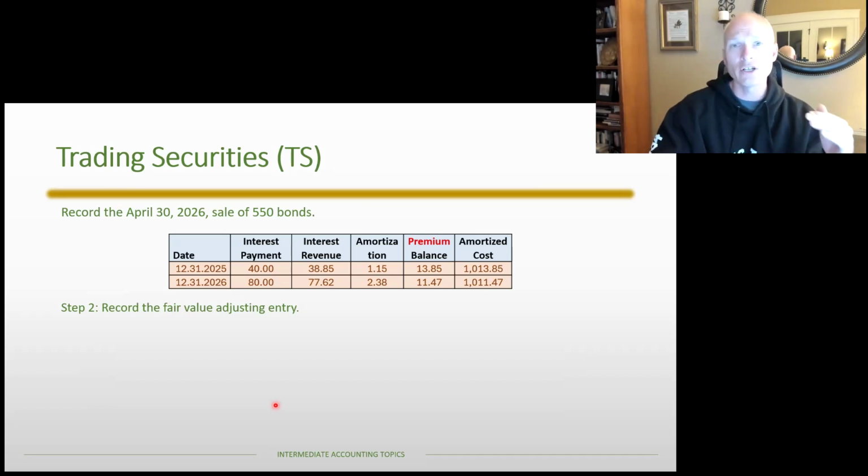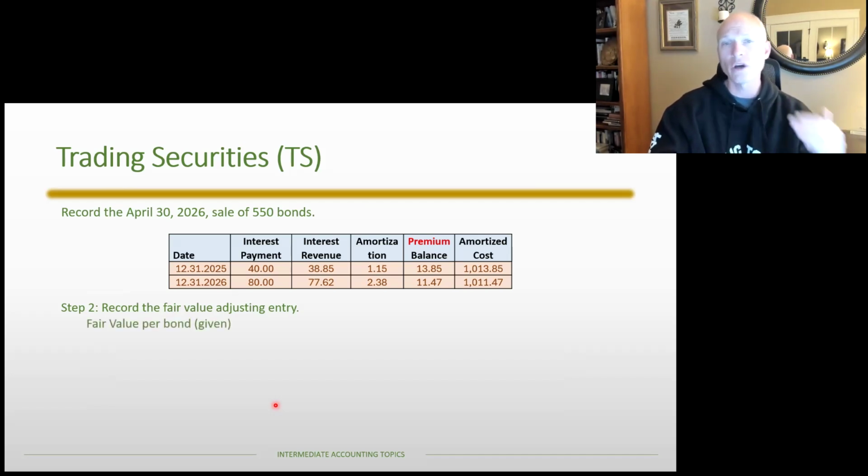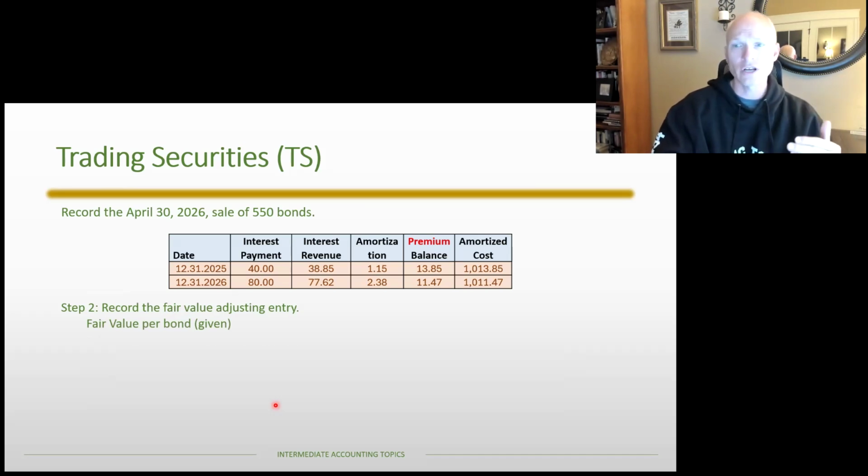And so the fair value adjusting approach is exactly what we did before. The first step in doing a fair value adjustment is understanding what the fair value is at the time of the transaction. For this transaction, the fair value was given as 103/4. That was the price. So that tells us that the fair value is 100.75% of the par value, which is $1,007.50.